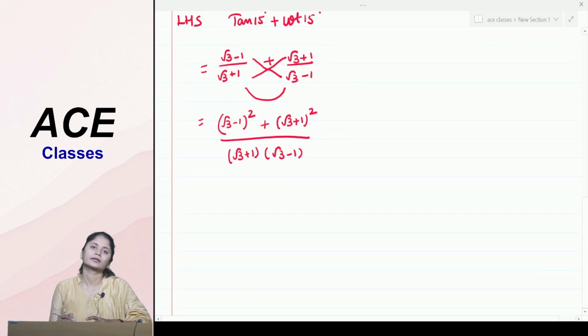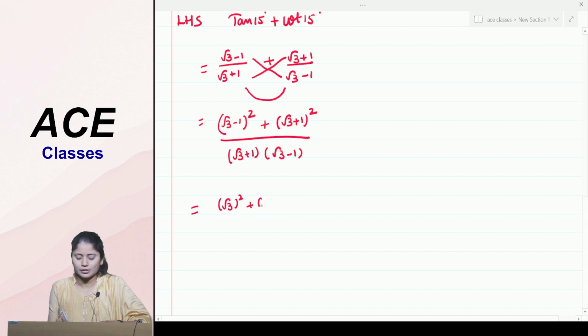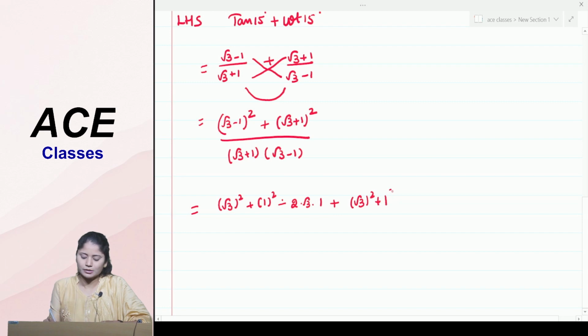So let me use the identity a plus b whole square and a minus b whole square. So this is root 3 whole square plus 1 square minus 2 into root 3 into 1, plus here root 3 whole square plus 1 square plus 2 root 3 into 1.